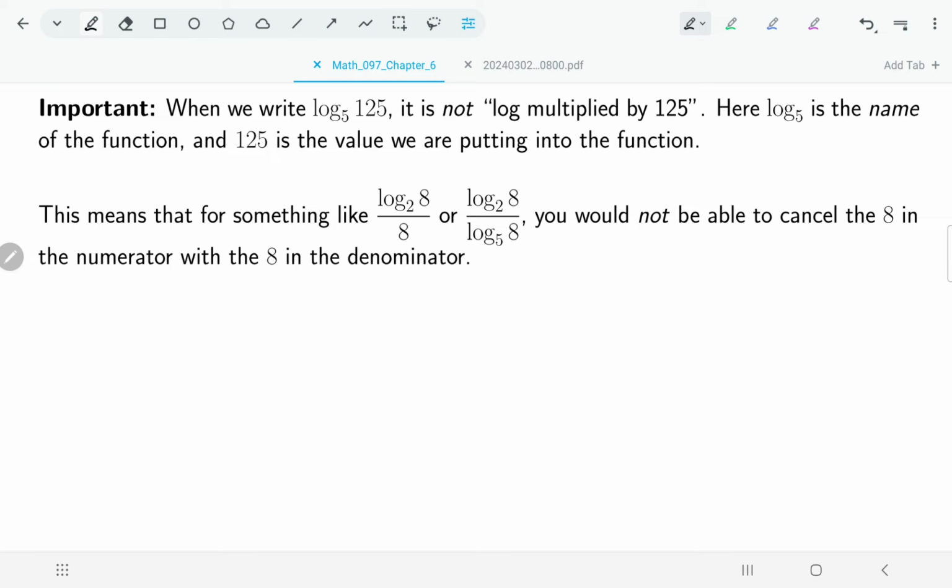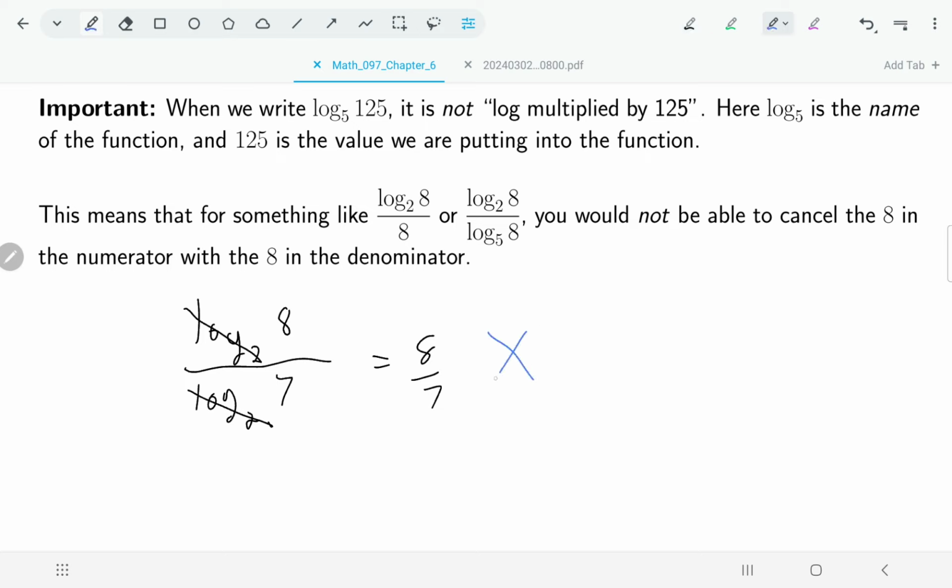That means there's a lot of things that are not possible as far as simplifying or canceling that a lot of people wish would be possible. For example, a lot of folks would look at something like log base 2 of 8 over log base 2 of 7, and imagine that you could somehow cancel the log base 2's and just be left with 8/7.